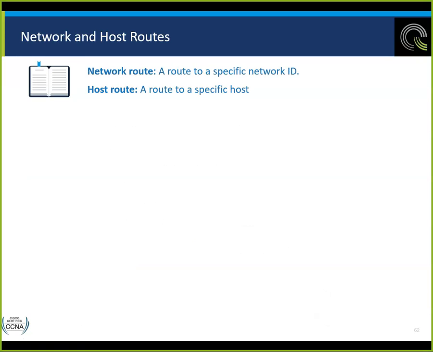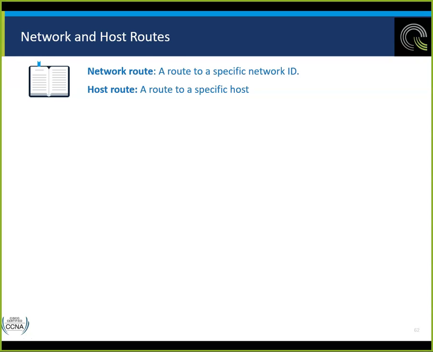Using more terms here, we're going to have a network route and a host route. A route to a specific network ID, the things that we've been talking about, a network ID, not to a host. And the other one's a host route, a route to a specific host. If we have a particularly valuable device that absolutely positively needs a route to it, we can use a host route.